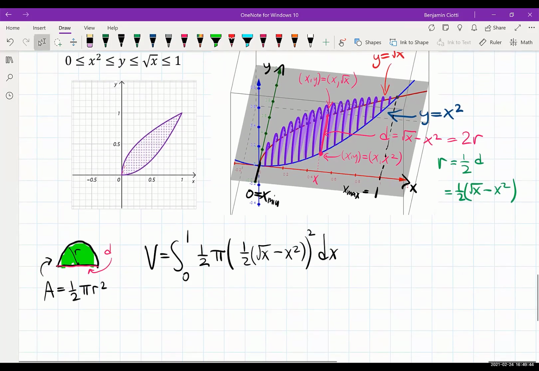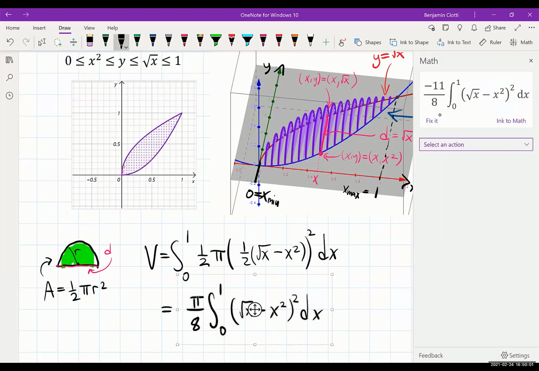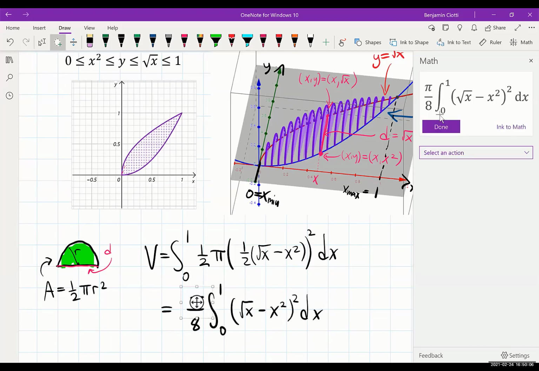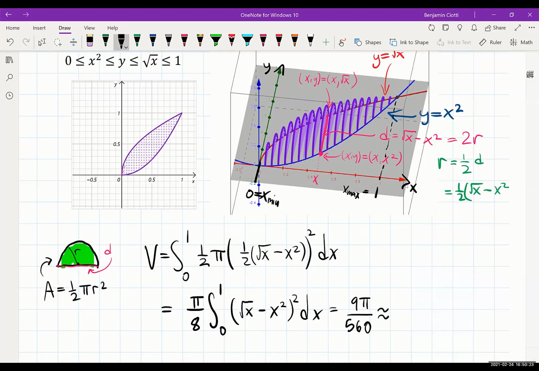Whatever that is, I guess I can simplify it a little bit if you all want. It's pi over 8, integral from 0 to 1, of root x minus x squared dx. Uh, 9 pi over 560, I guess. Or 0.05.